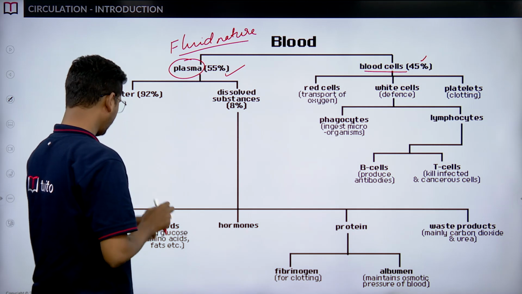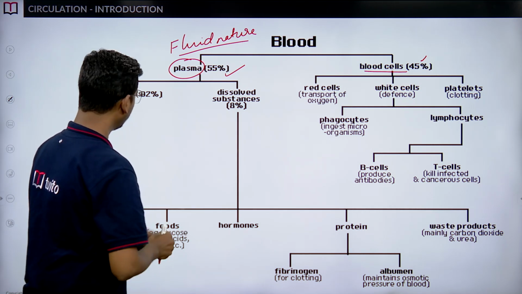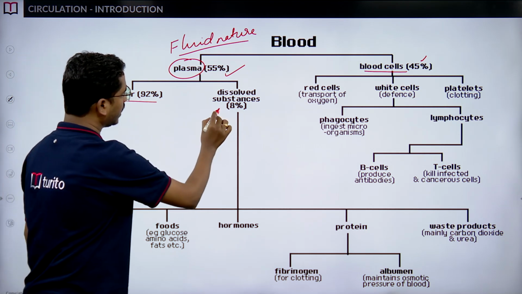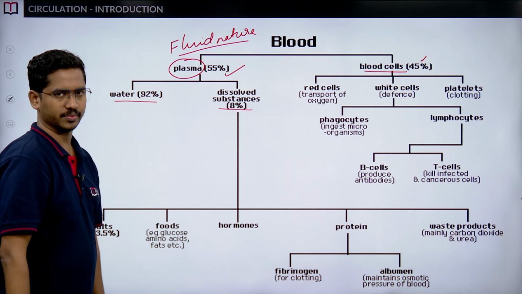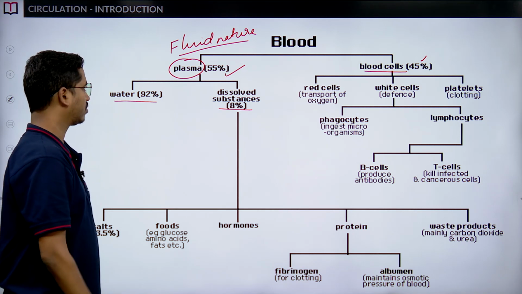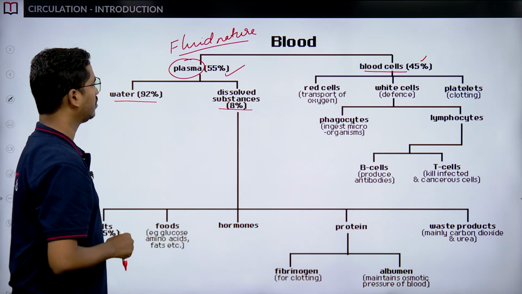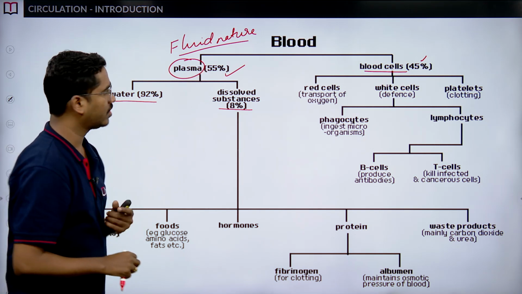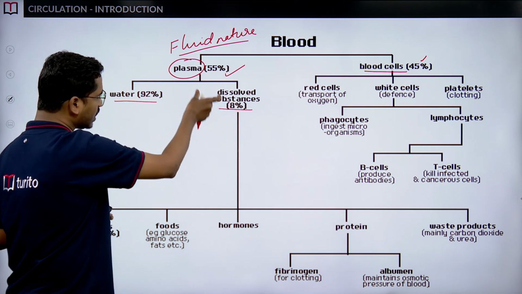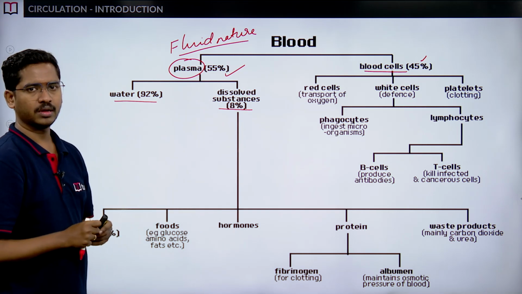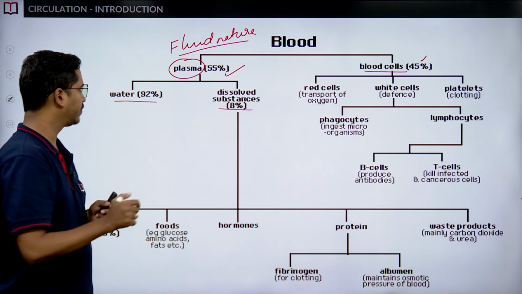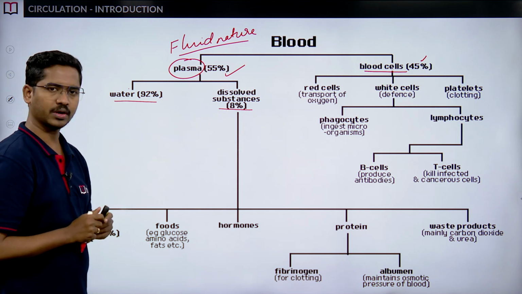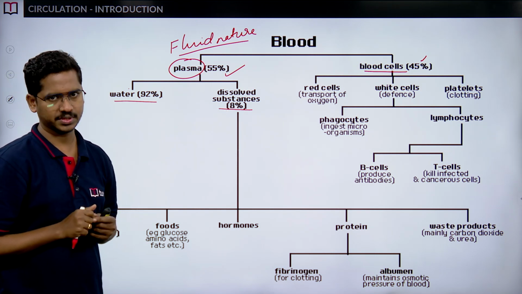Now, in the plasma we have 92% water and 8% dissolved substances. You might be confused looking at this. Plasma accounts for 55% of the blood. Within the plasma, 92% of the content is water, whereas the remaining 8% accounts for dissolved substances.